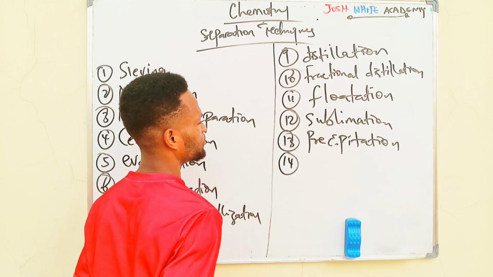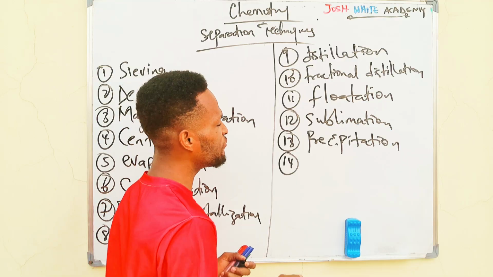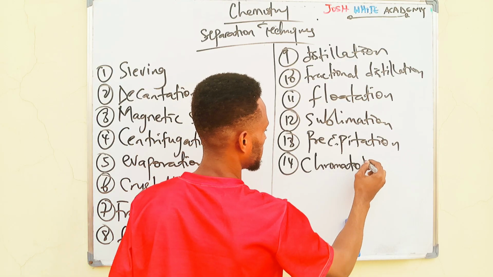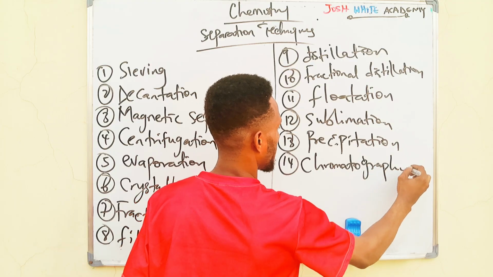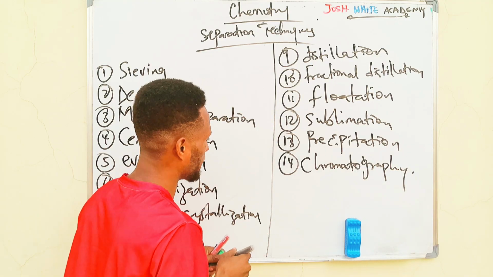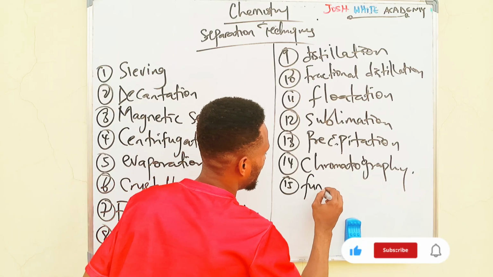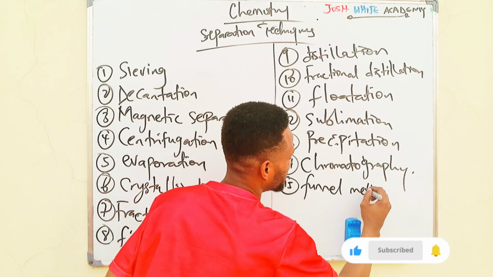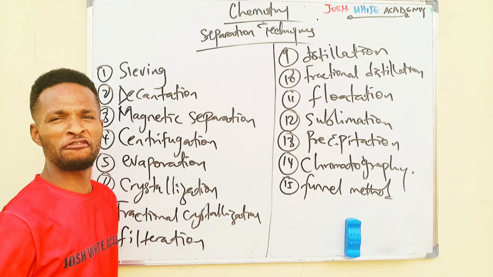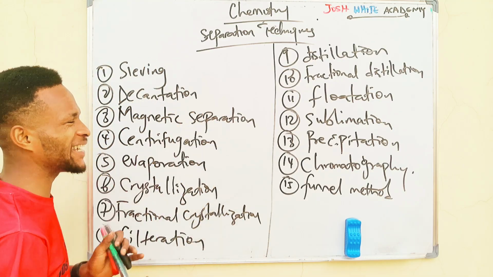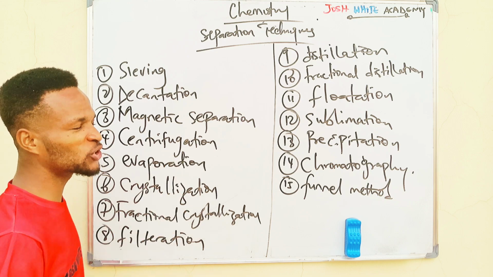Number 14, we have chromatography. Number 15, we have the funnel method or separating funnel. So these are very important separation techniques that you should take note of.